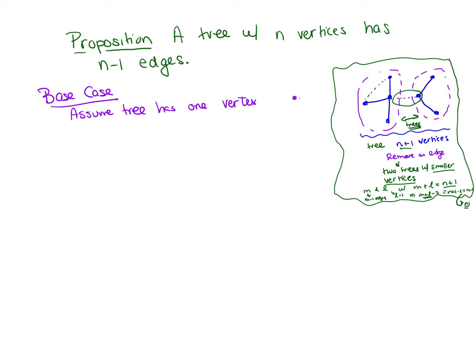Because there's only one vertex, if I added an edge, that edge would have to start and end at that vertex. So that edge would actually create a cycle with itself, because that would start and end at the same vertex.